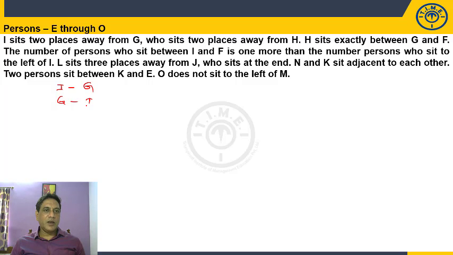Because it is not given whether towards left or right. Who? This word who refers to G. G sits 2 places away from H. Again 2 places away. Means there should be one in between G and H. So G is, again, it does not tell us whether it is towards right or left.